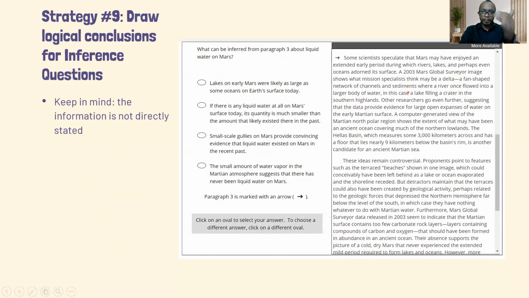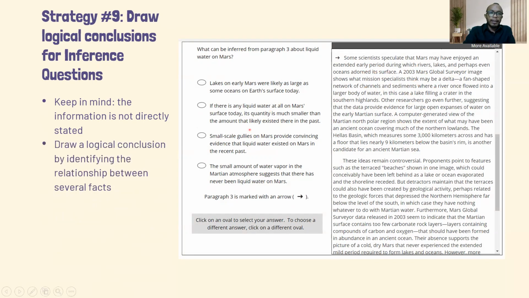You use the evidence, in this case the supporting information, to make the conclusion. You can do that by identifying the relationship between the facts, and also be careful of false and unpresented pieces of information. Like in this example, we can draw the conclusion that if there's liquid water on Mars, it would be very small in quantity or amount.